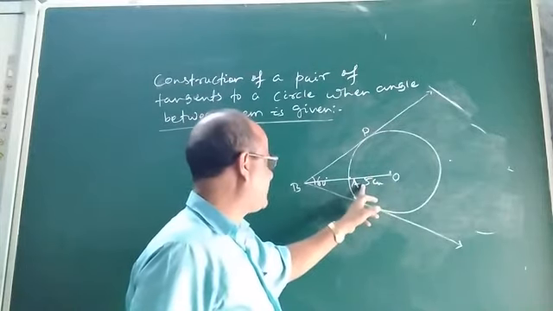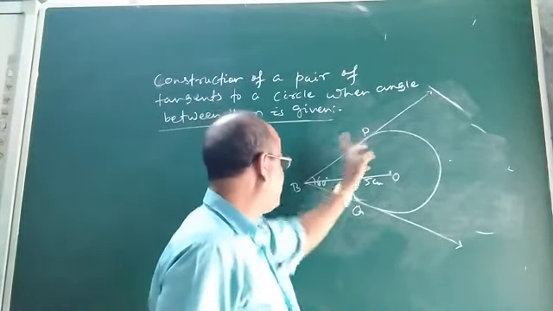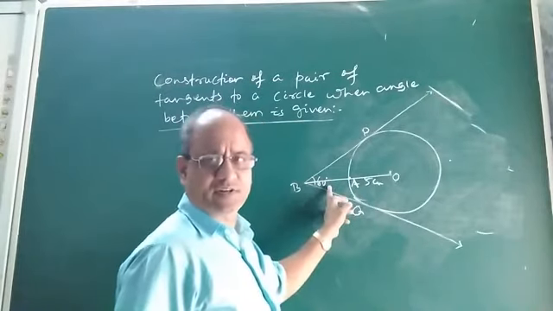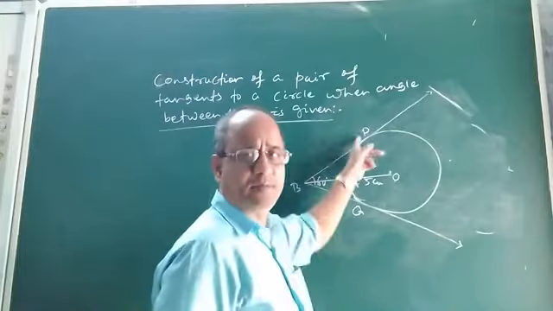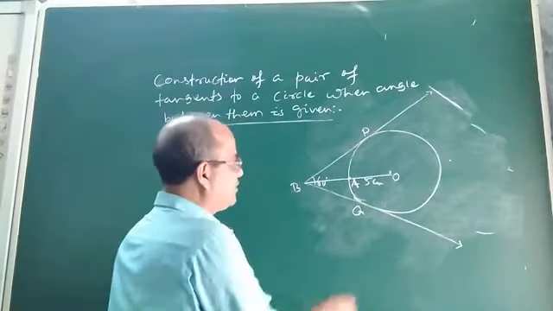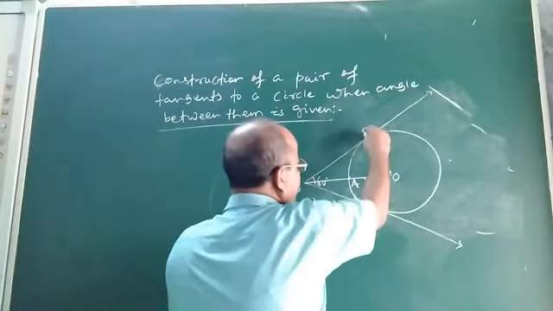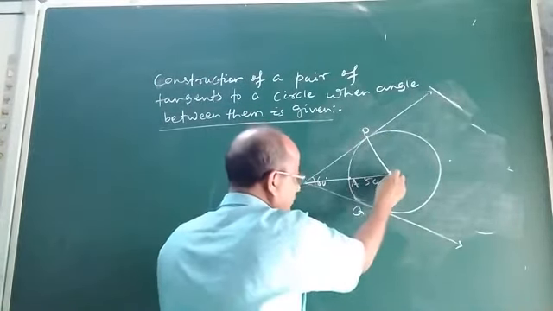Now, OA is given 5 cm. The angle between the two tangents BP and BQ is given 60 degrees. How will we construct these two tangents, BP and BQ, to this circle? That we are going to discuss. See, for that, just join OP and OQ.